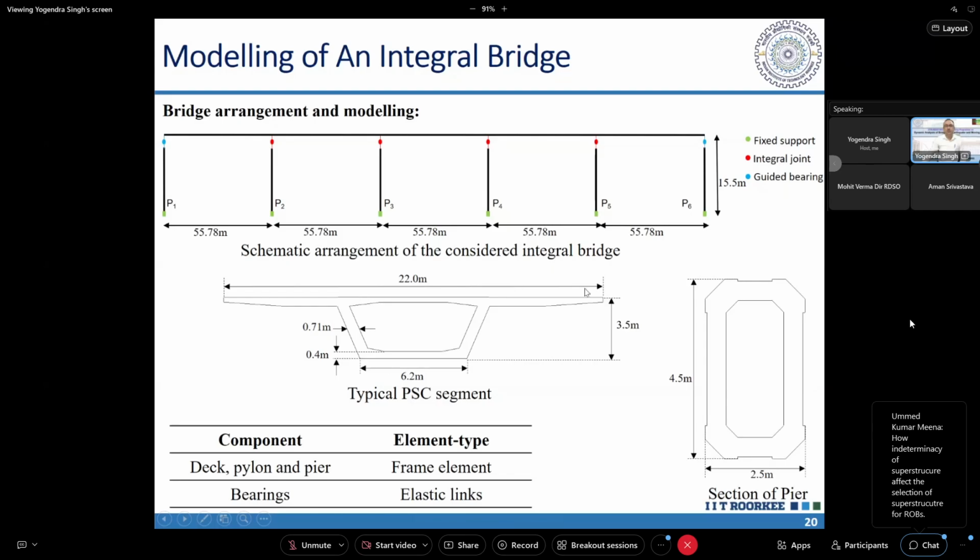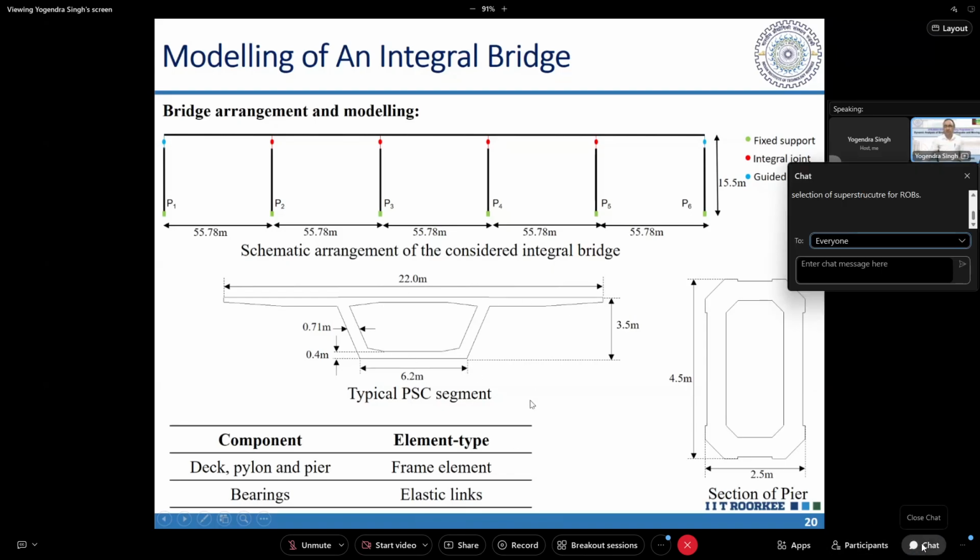Let us say this is the superstructure, the cross section of the superstructure. Interestingly, this cross section also we can represent by a single beam. In many models, although this cross section is quite complex, we can model it by a single beam along the centroid of this.